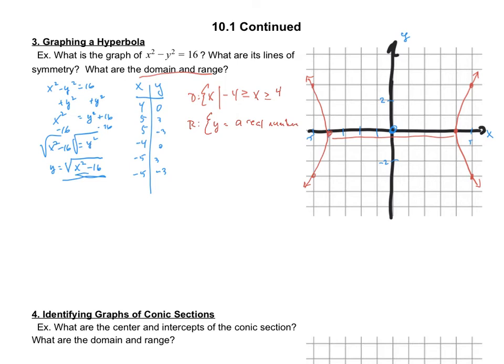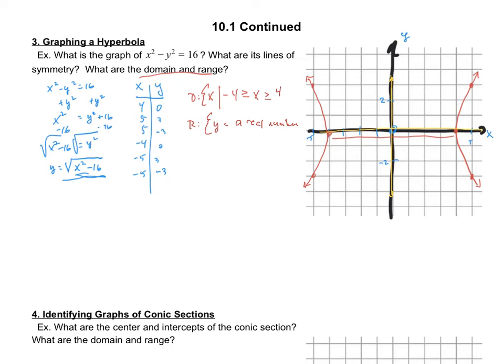Let's see, line of symmetry or axis of symmetry. To me it looks like I can find a line of symmetry right here along the x-axis, and again along the y-axis.